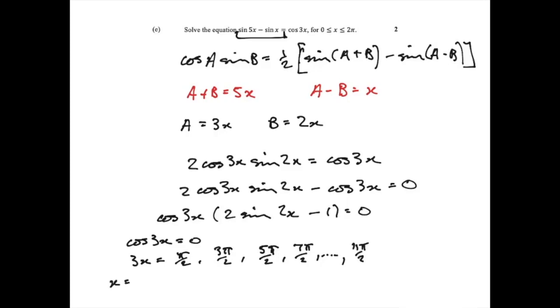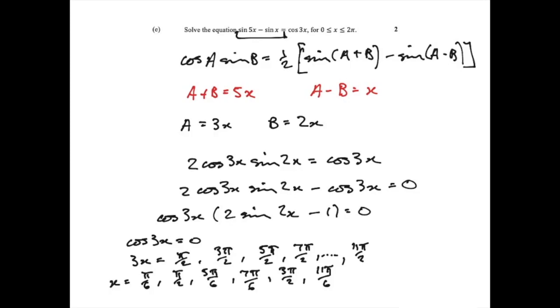And so x is pi on 6, dividing everything by 3. Pi on 2, 5 pi on 6, 7 pi on 6, 3 pi on 2, and 11 pi on 6. Okay, so there are all the solutions just for cosine 3x.